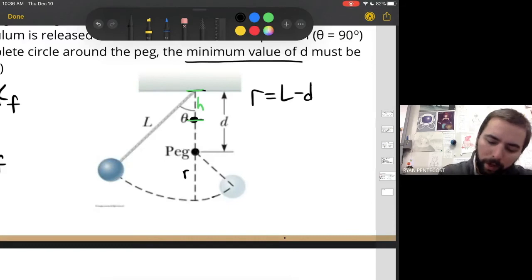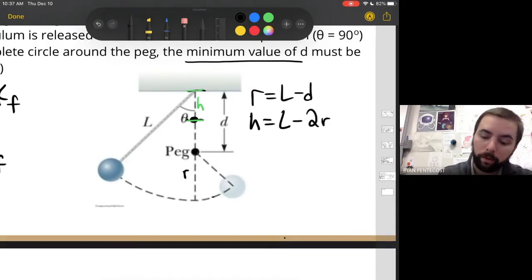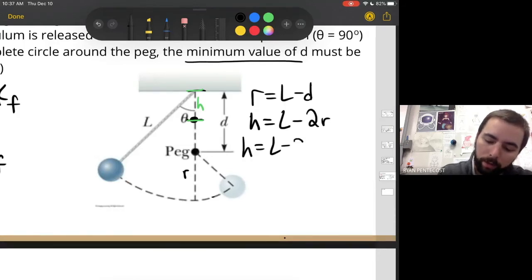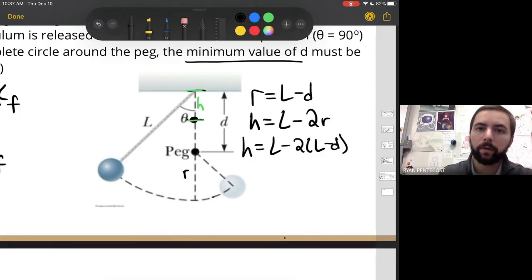Let's see, so if we want height H, if we took L, we can't do L minus D or L minus R. If we did L minus 2R, that could work. So let's say that we have H equals L minus 2, L minus D. As that comes up, we want to subtract the entire diameter of the circle from our length.